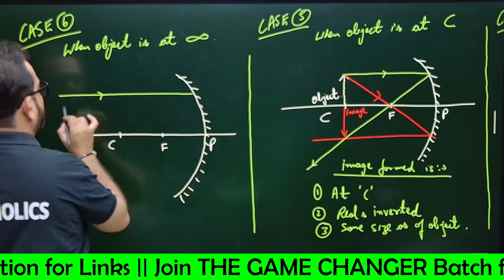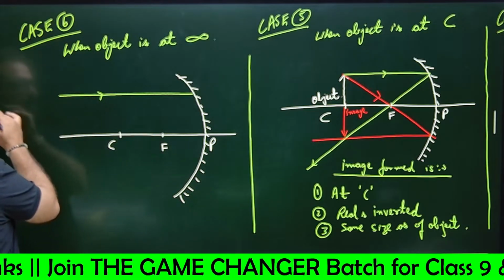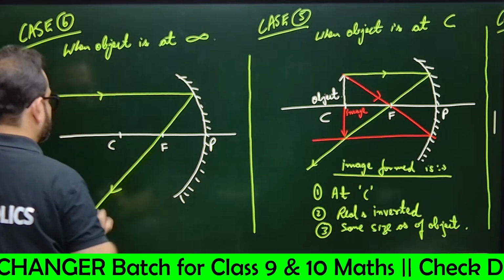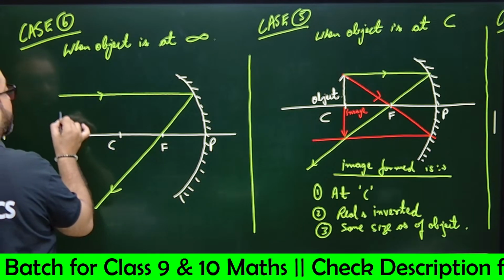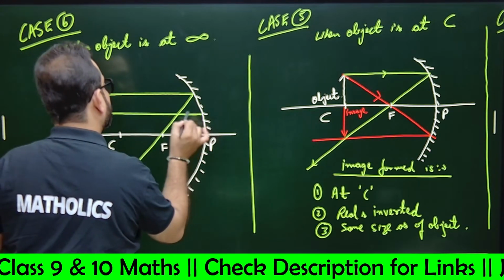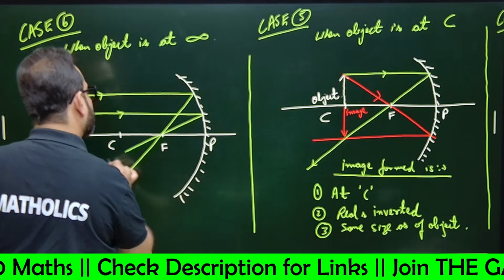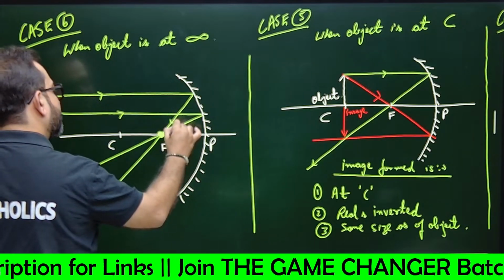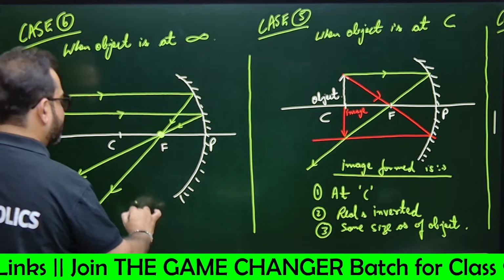If this is parallel, obviously the object is at infinity, the rays will be parallel. It will go through the focus. Another ray which is coming parallel will also pass through the focus. So we'll say image is formed at the focus. Simple case.